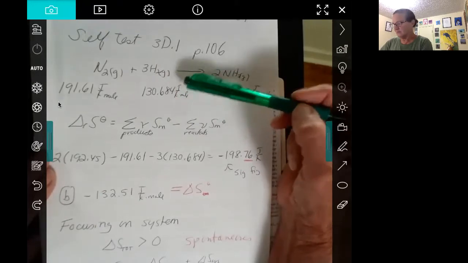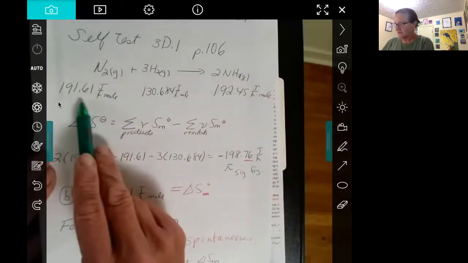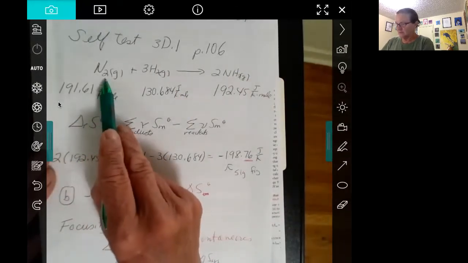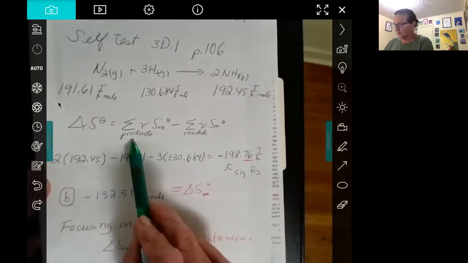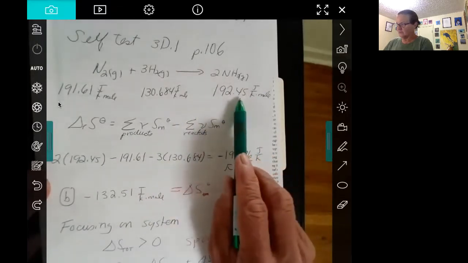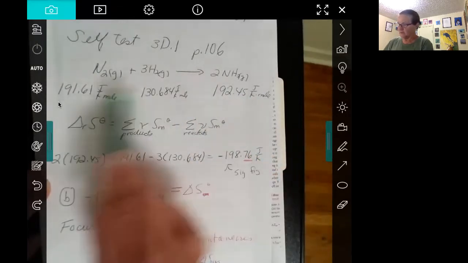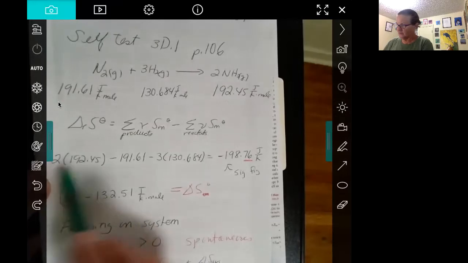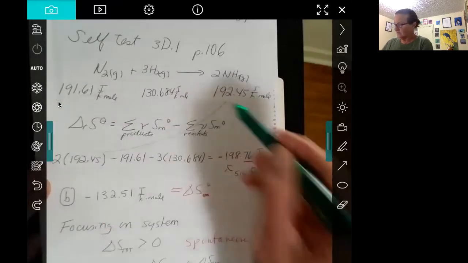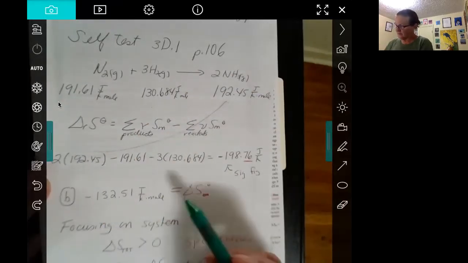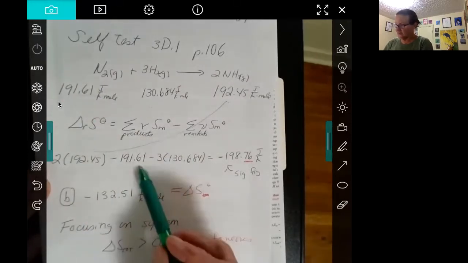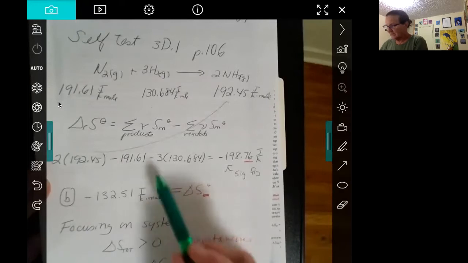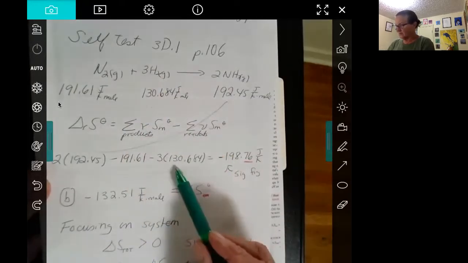They're not entropies of formation. So we look up the absolute entropy for nitrogen gas, hydrogen gas, ammonia. Then we're going to multiply by the stoichiometric coefficient. So we'll take products minus reactants and multiply them. So it's 2 times the entropy of ammonia gas, minus 1 times nitrogen, because it's a reactant, and subtract 3 moles of hydrogen.